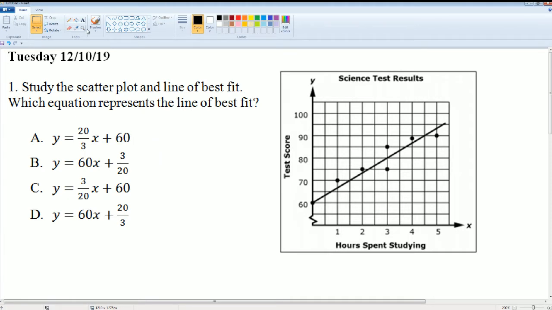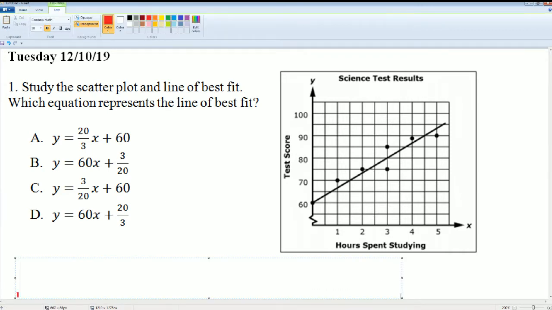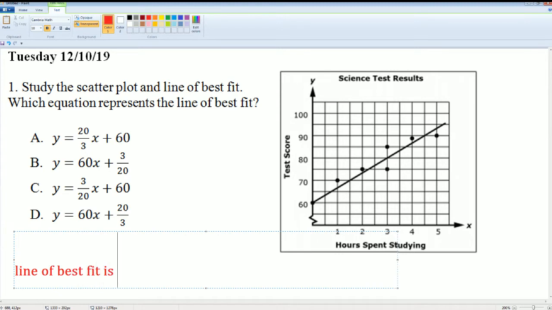Oh, that looks neat. Remember, when we look for the line of best fit and we see that it is a straight line, or if you like the word, a linear line, we can use y equals mx plus b, which is slope intercept form.